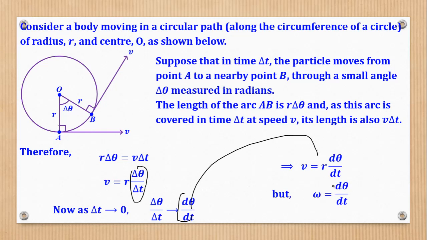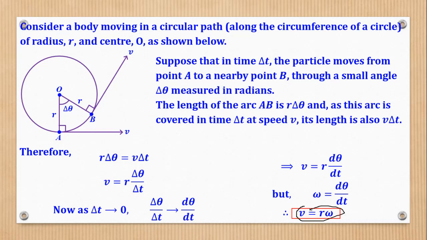Then remember that dθ/dt is omega, implying that v is equal to r omega. I think you can see that the formula is similar to the one for simple harmonic motion. But for simple harmonic motion, this was the formula for maximum velocity. But here, because the magnitude of velocity is constant, this will be the formula throughout. You don't have minimum or maximum.